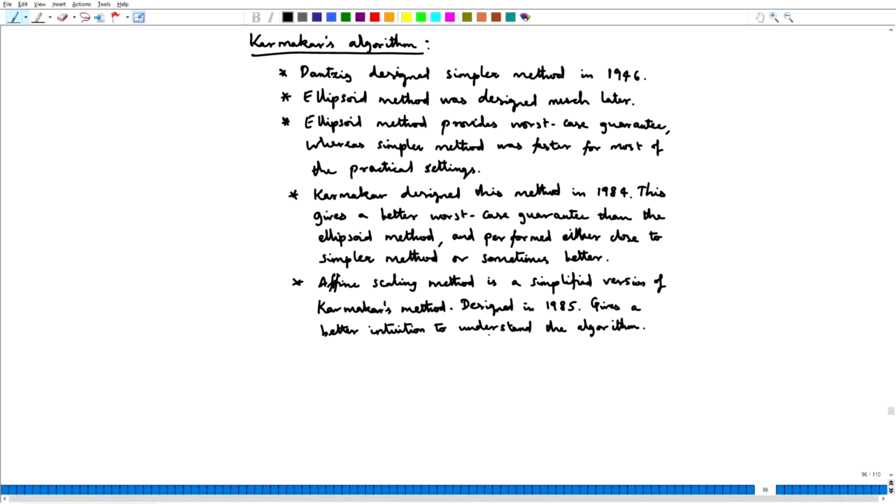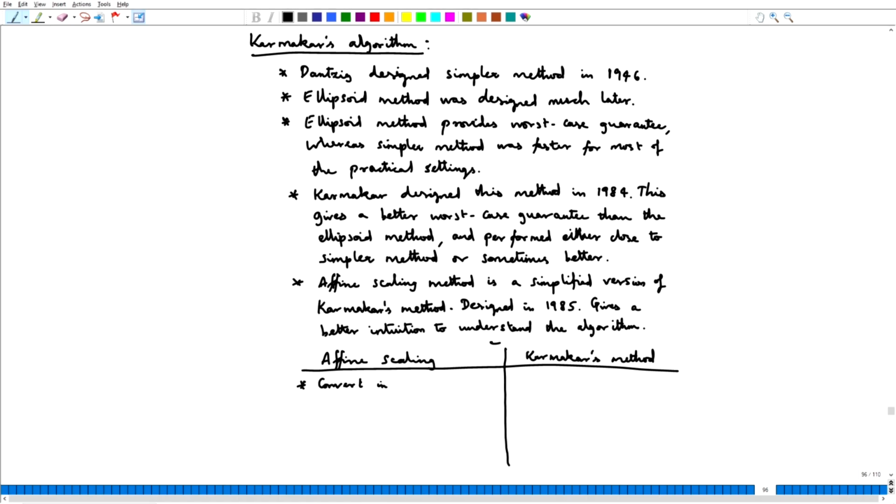Okay. So, the affine scaling method. You can recall that in the affine scaling method we convert the given problem into the standard form, right.